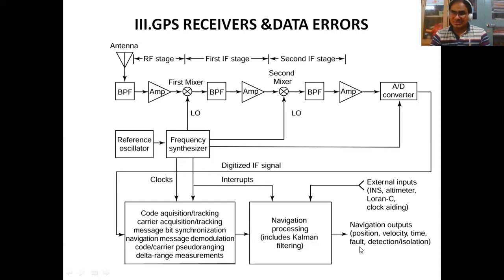So user position is detected and that will be isolated by the GPS system. And this information present in the navigation output will be given as the navigation outputs of the GPS system.